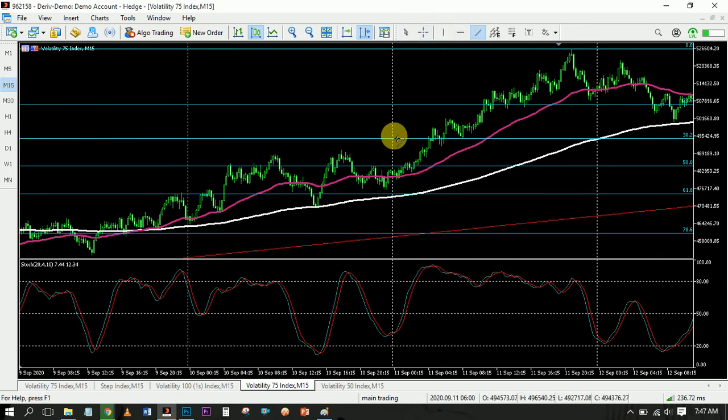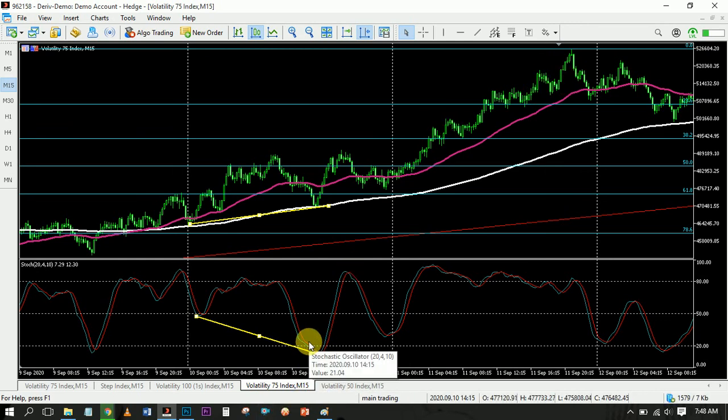Okay, let me just take this last one. You can see this from here to here. Then you can also see this. See this also. And the market went and plummeted, but you can just take your trade once you enter here.